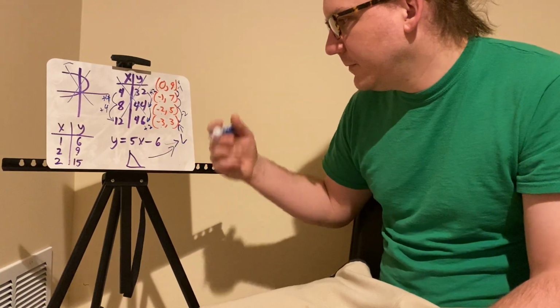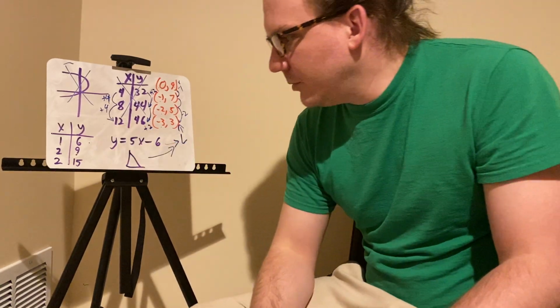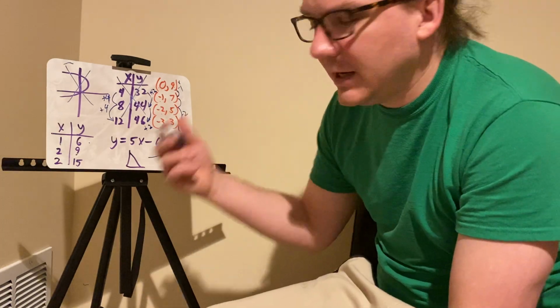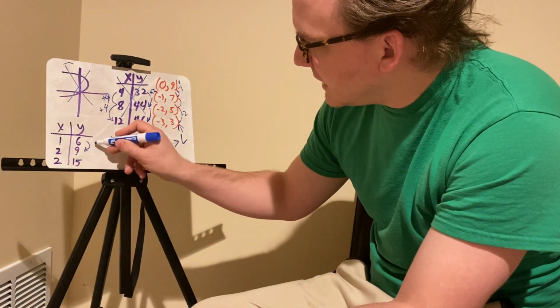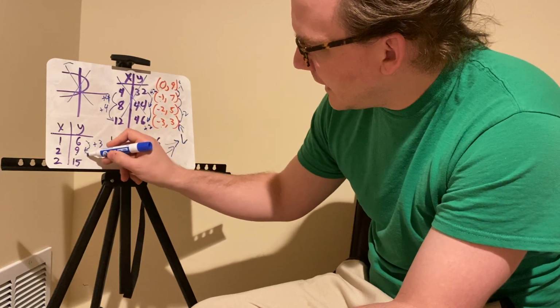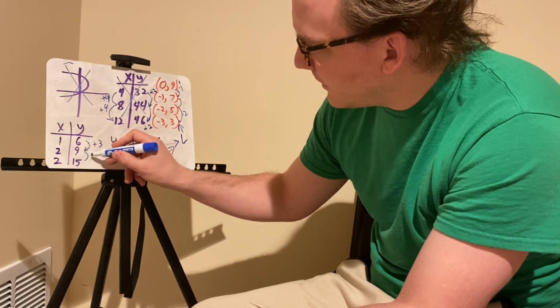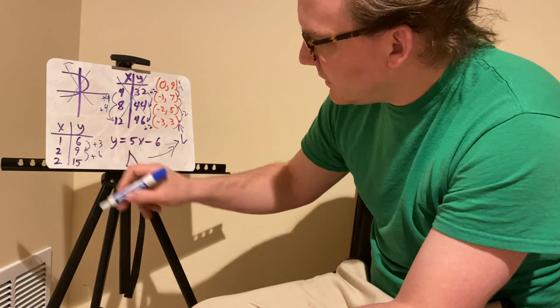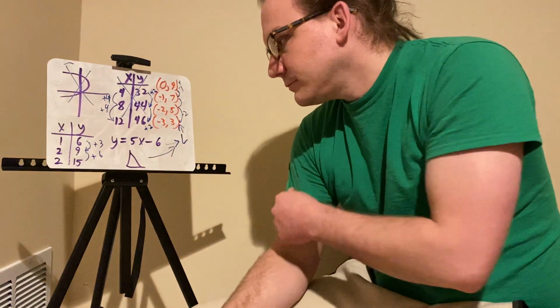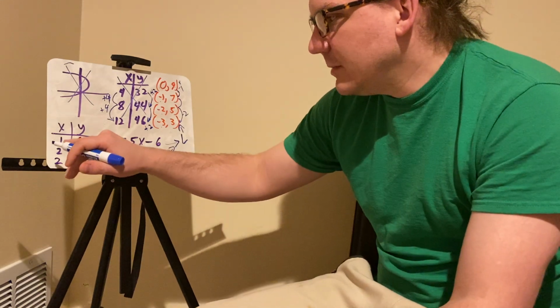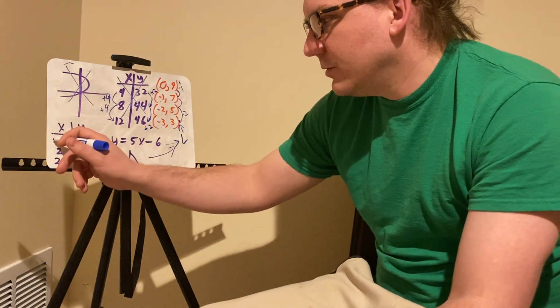This is linear. This table is a little bit tricky because if you're not paying careful attention, you're like, oh, look, 6 plus 3 is 9. 9 plus 3, oh wait, 9 plus 3 is 12. 9 plus 6. So your y values are increasing by different amounts each time. But that's okay because maybe the x values increase by different amounts too.